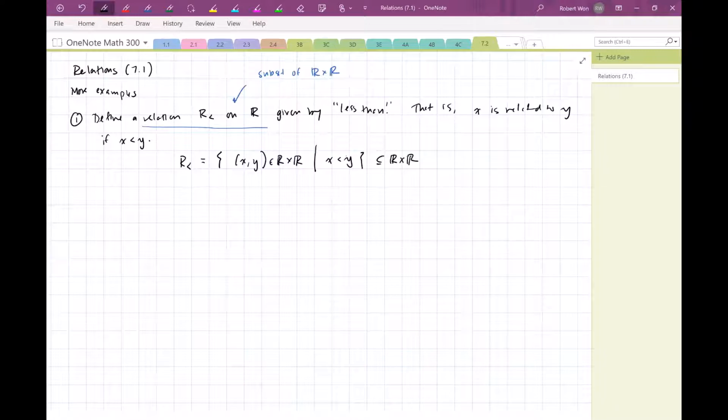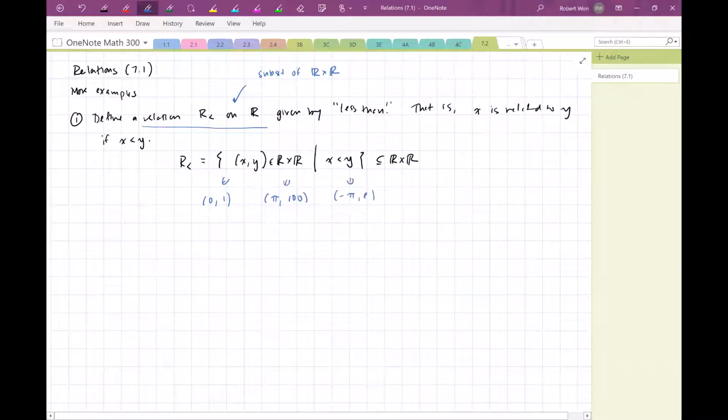So what kinds of elements are inside of this relation? Things like (0, 1), because 0 is less than 1. That's in here. (pi, 100) is in here. (negative pi, e) is in here. This relation consists of all ordered pairs where the first coordinate is less than the second coordinate.